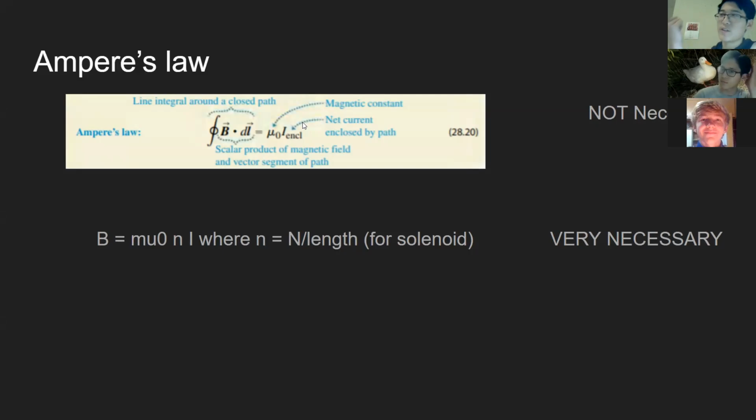Like if you just have one straight wire, it's easier because the line integral you're taking is just constant. But if you have a really complex thing, you can't just remove the integral, you have to actually take it. If it's symmetric, you can remove the integral. That's the difference. Okay, yeah, what Kevin said.